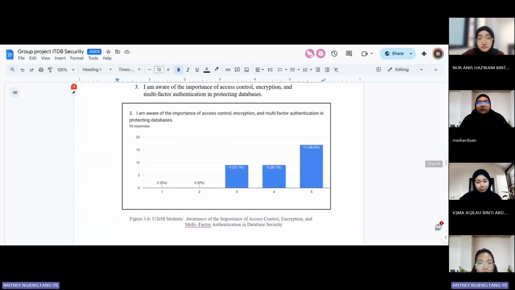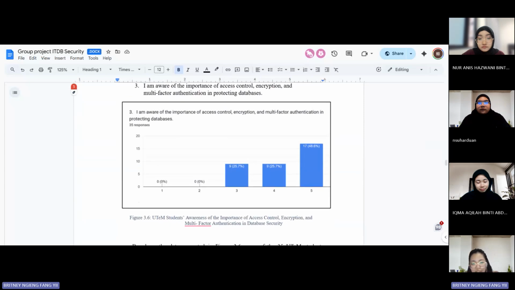So the next one, we are asking them about the importance of access control, encryption, and multi-factor authentication in protecting the database.